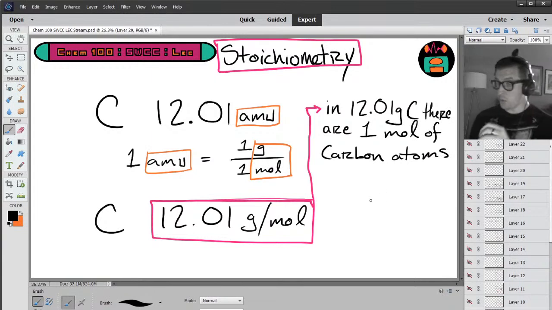All right, in 12.01 grams of carbon, there is 1 mole, which is 6.022 times 10 to the 23rd, 1 mole of carbon atoms.